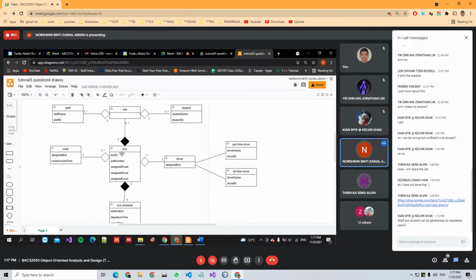So they can only ride one bus and one bus can be ridden by one or more students. Your multiplicity, and what you said just now, is it composition or aggregation?